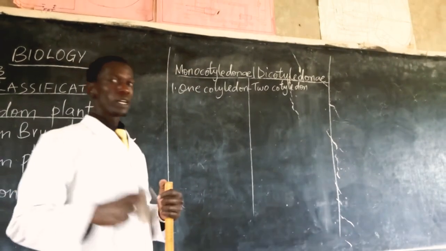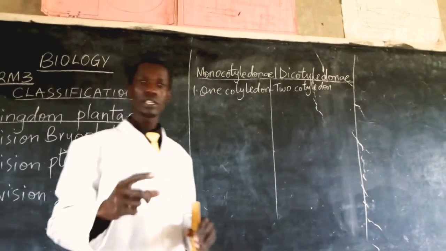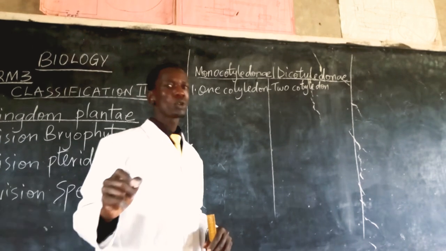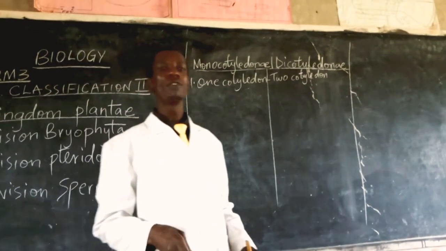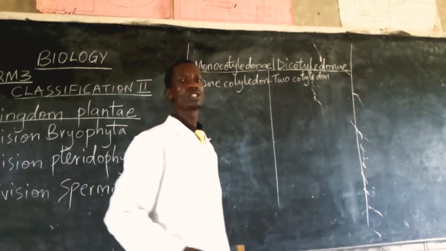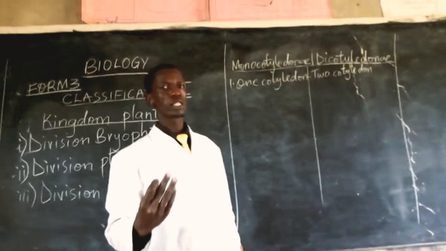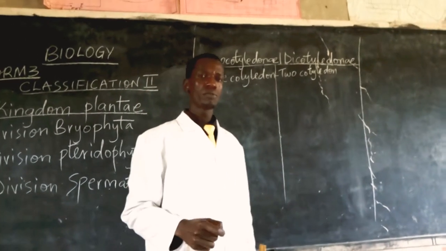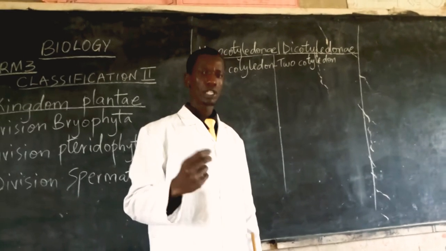That is the first difference. The second difference is that class Monocotyledonae have parallel veins, while class Dicotyledonae comprises plants which have network veins.